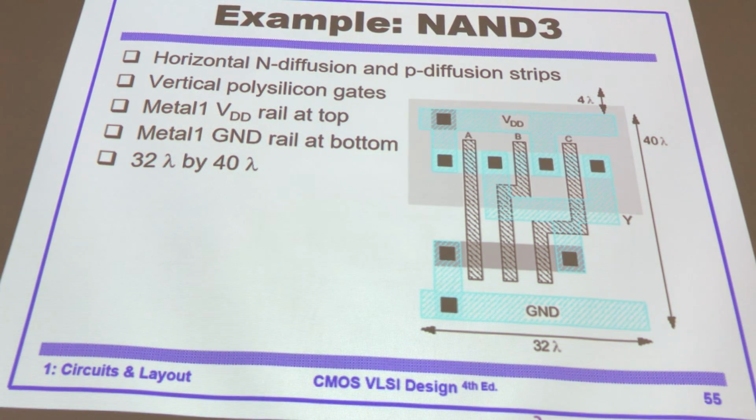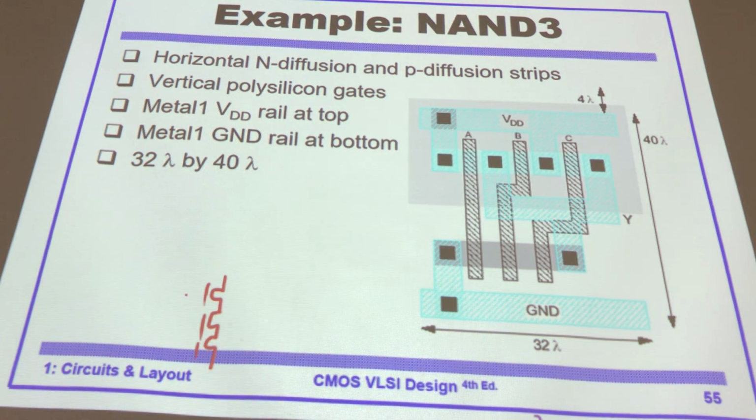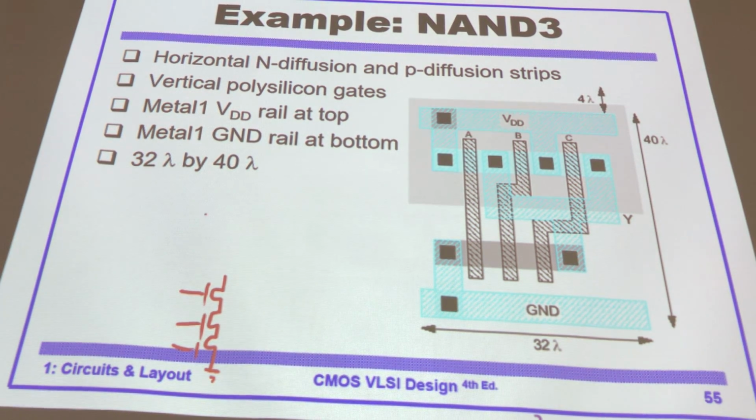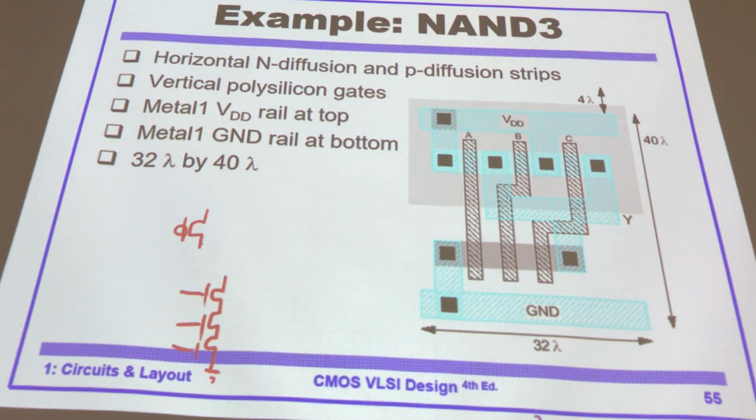And you compare with the circuit: 3 input NAND, so 3 NMOS transistors in series in the pull-down network, and 3 PMOS transistors in parallel in the pull-up network.